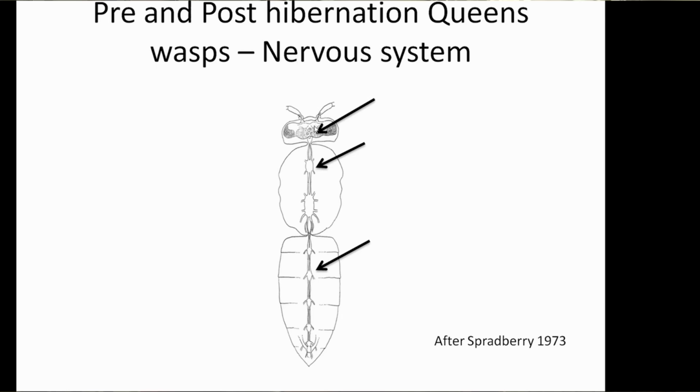We would see the brain, but as far as the 2 thoracic ganglia and those in the abdomen and the ventral nerve cord, one does not usually see this. It is possible perhaps to see the first thoracic ganglia, but it's very rare.